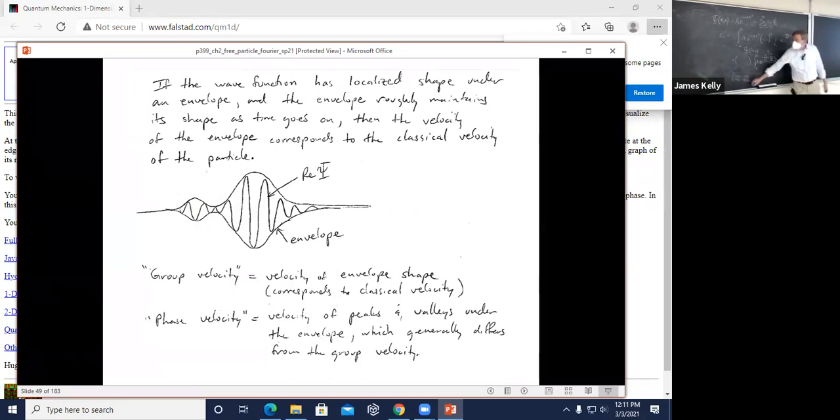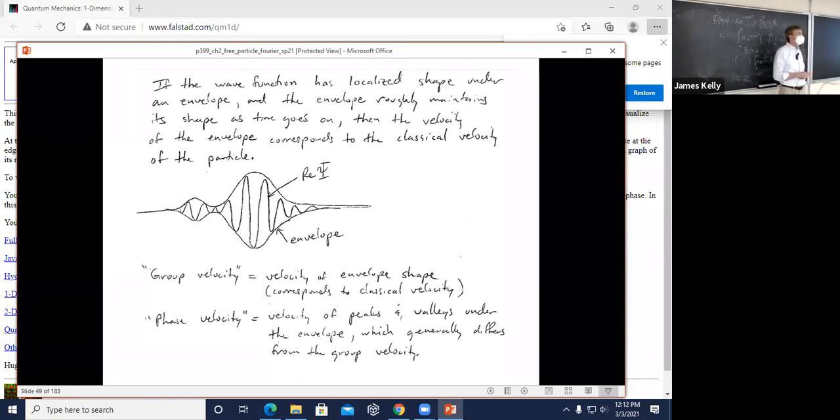If it kept the same shape and just translated along, that would mean all the different wavelengths that I need to put together to make up that shape would have to move at exactly the same speed. That would mean we're talking about a dispersionless wave equation. But we know, or at least we can show, and I talked about this in chapter 0, that the time-dependent Schrodinger equation has dispersion.